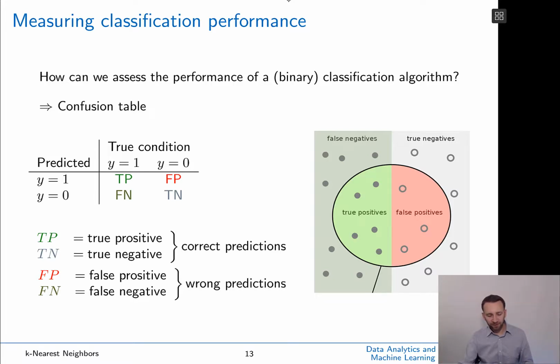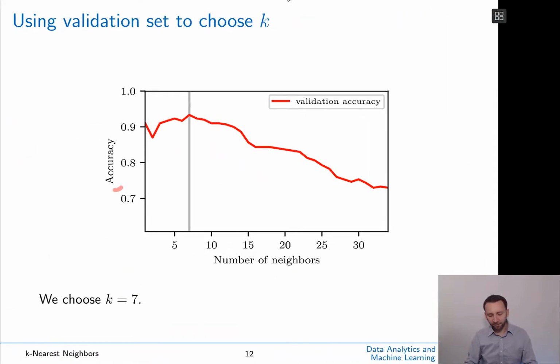What is a confusion table? Here it's shown for a so-called binary classification, meaning we have 2 classes. We see here, on one hand, the true condition. True condition means how this instance is labeled in our data. Remember, since we want to evaluate the performance on the validation set, we have the label given for these instances because the validation data comes from our labeled overall training data.